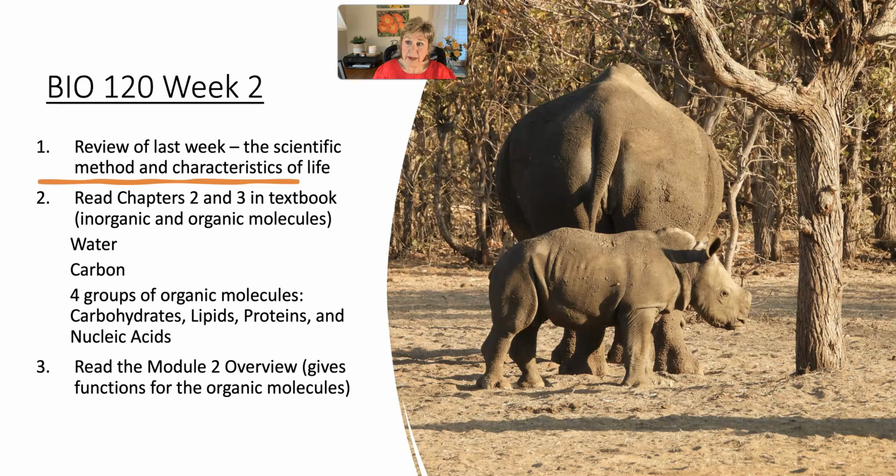I would like to point out this picture that I have on this slide. These are 2 of the 10 white rhinos left on planet Earth, and we got to see this brand new baby. It's less than a month old when we saw it.